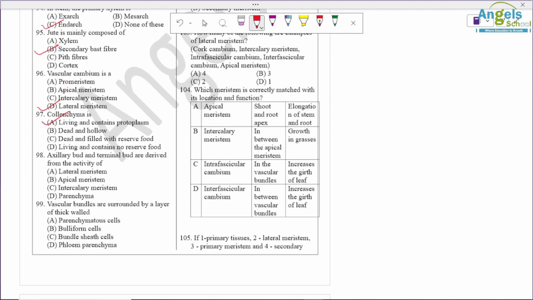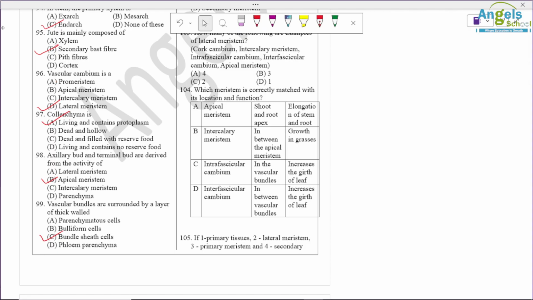Axillary bud and terminal bud are derived from, so they are derived from apical meristem. Vascular bundle are surrounded by a layer of thick bundle sheath cells.